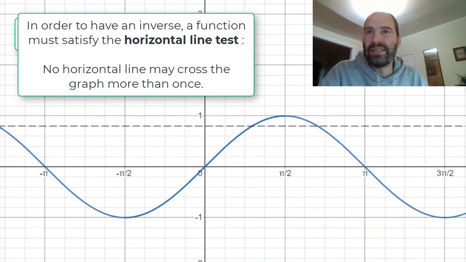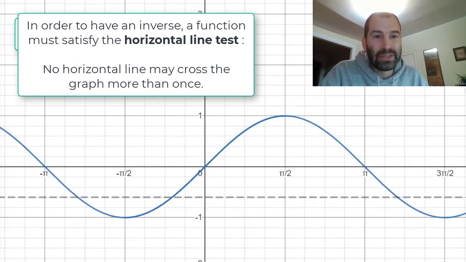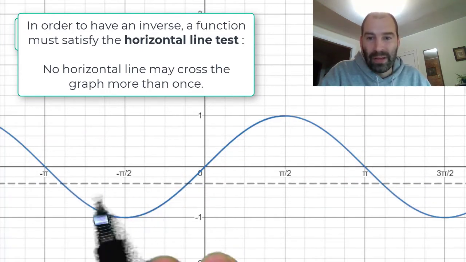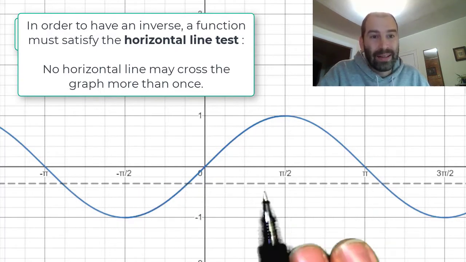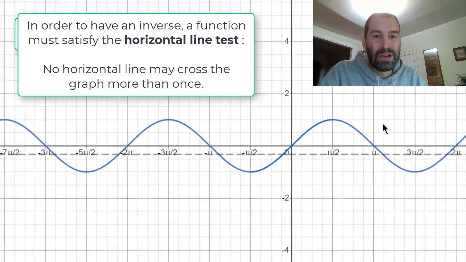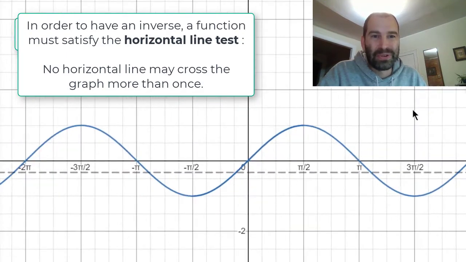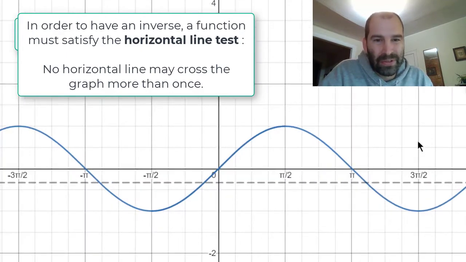And in fact, this needs to be true for every horizontal line that I choose. And we see that for lots of these lines, they're crossing the graph several times. In fact, if you extend the graph, you'll see that this line is crossing it infinitely many times, right? So that's particularly bad for us, okay? So there's no way we're going to get the inverse of this function.